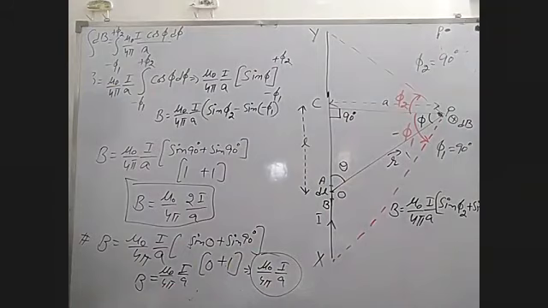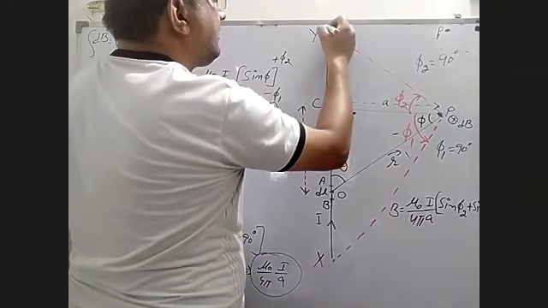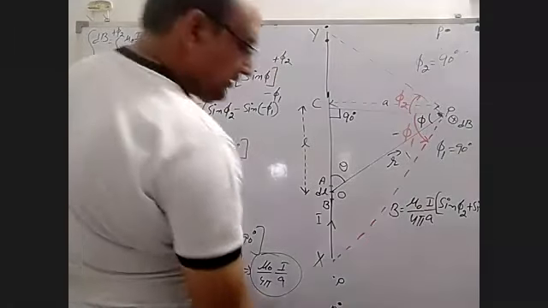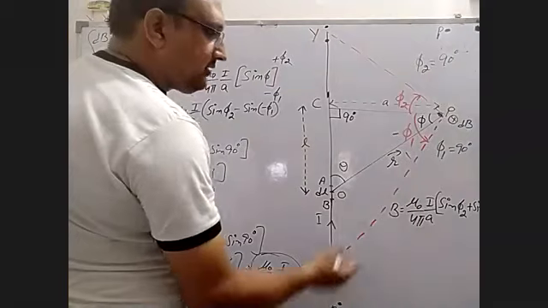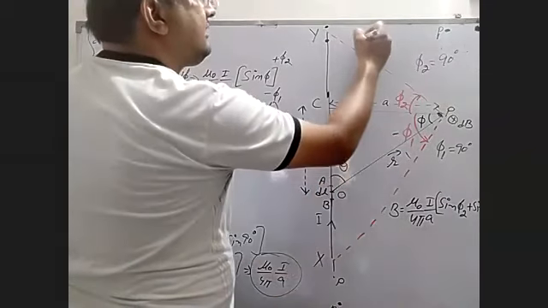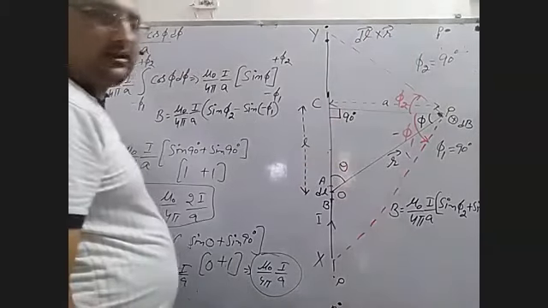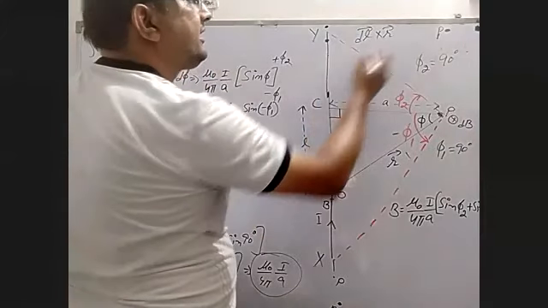Okay. If this point P is on the conductor, suppose here, then there is no angle between DL and R. Then vector DL cross vector R is what? There is no angle because point P lies on the conductor.